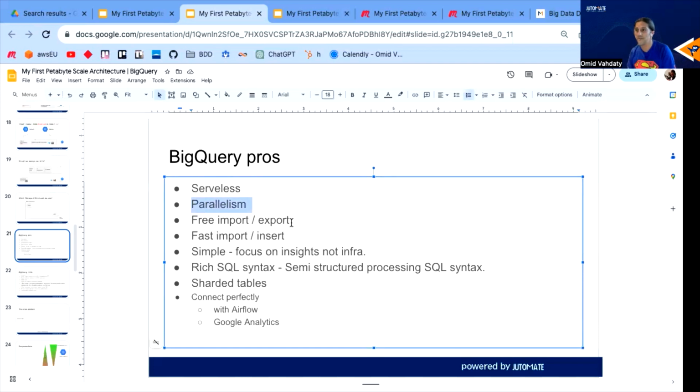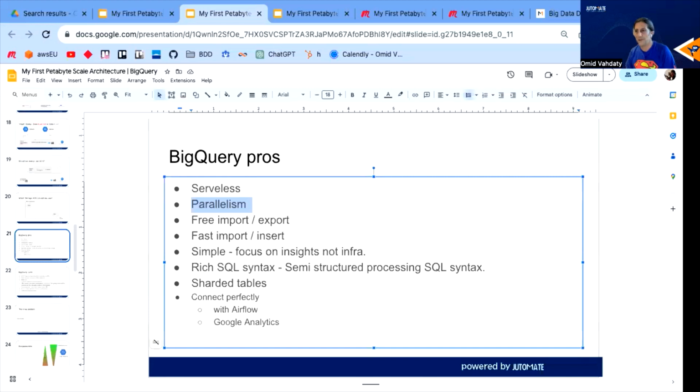You're not billed for import-export, which is nice. The import and insert processes are quite fast. It's a simple solution. You focus on insights and not on infrastructure, and for some people, this saves a lot of headache. It has a rich SQL syntax. It offers processing for semi-structured data quite easily, which is quite nice.